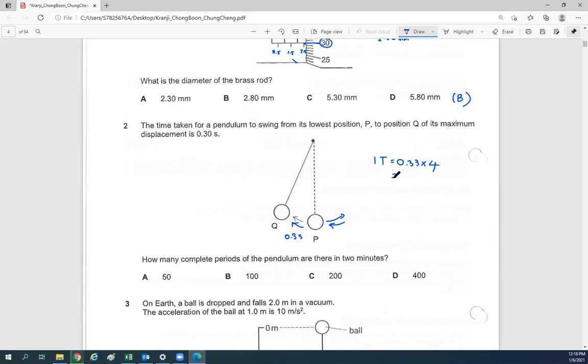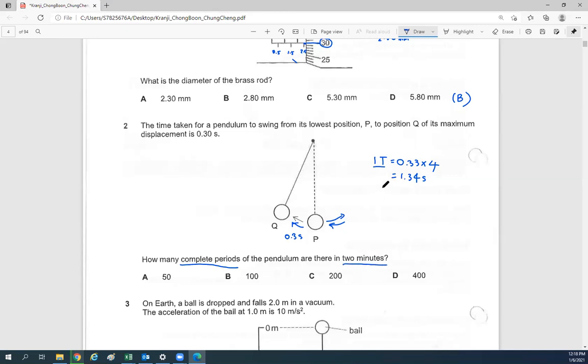And this gives me 1.34 seconds. So this is one period. Now they are asking how many complete periods in 2 minutes.